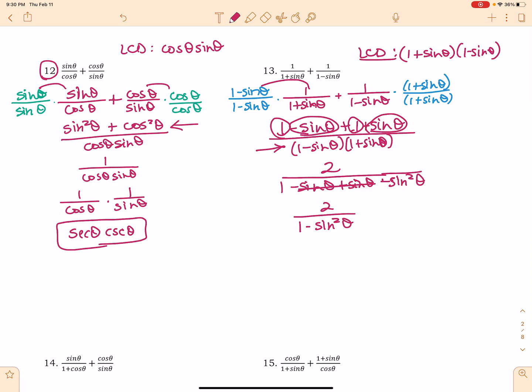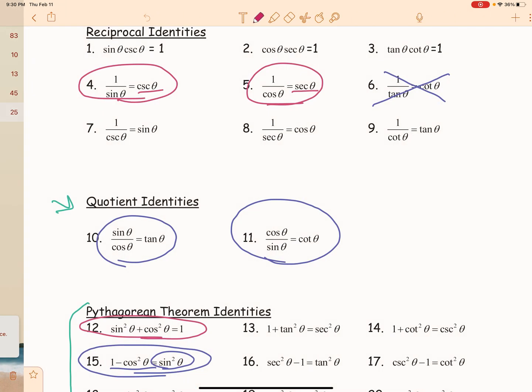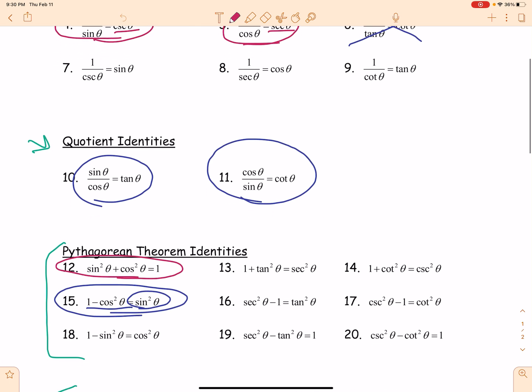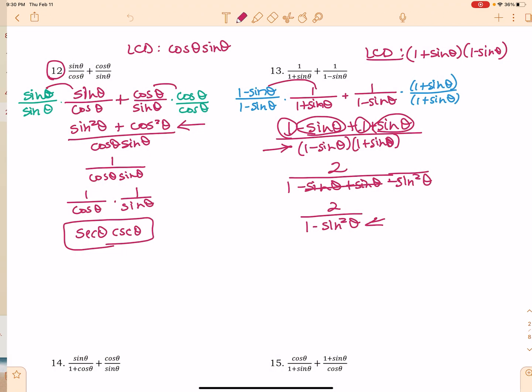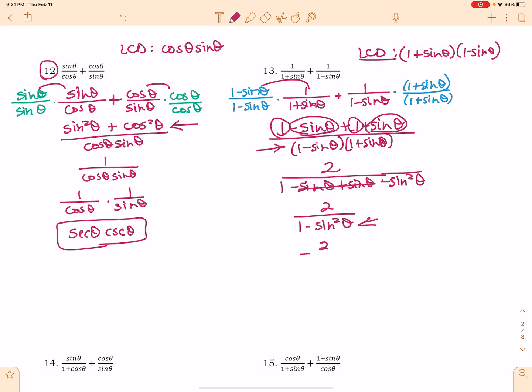And then I see that sine is squared here, so I'm going to go back to my identities sheet, look at my Pythagorean theorem identities. So I can replace 1 minus sine squared theta with cosine squared theta. So 2 over cosine squared theta. So another way to think of this is this right here.